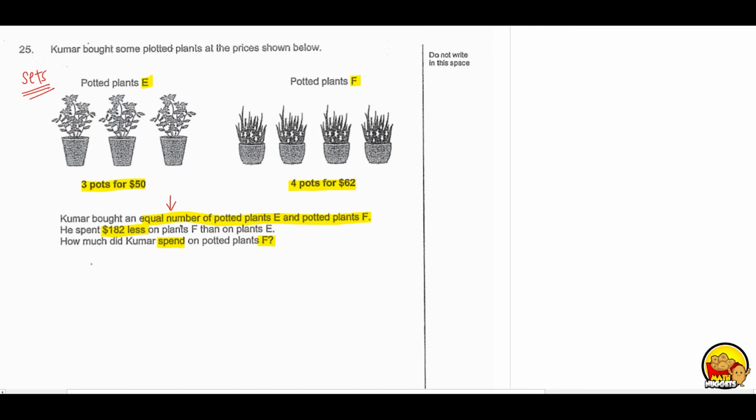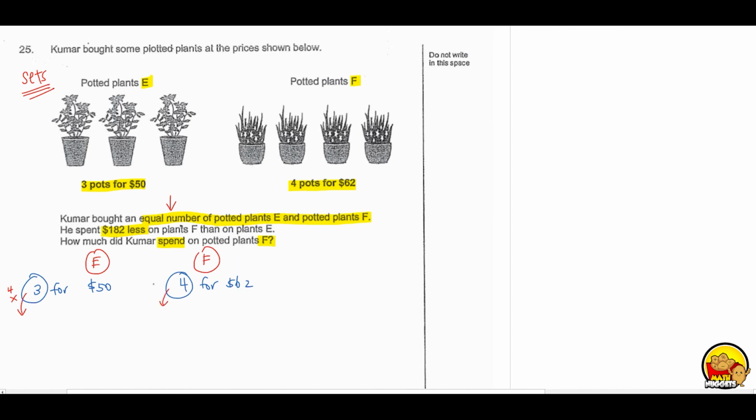So E and F, E sold 3 for $50, F 4 for $62. Equal number, we need to make the quantity the same. So what's the lowest common multiple of 3 and 4? That would be 12. So meaning 4 sets of 3.